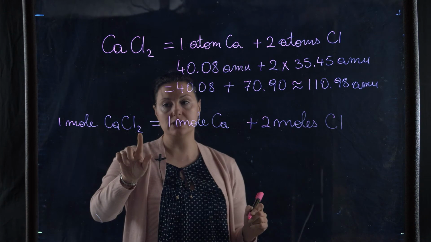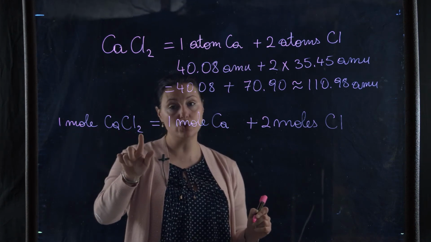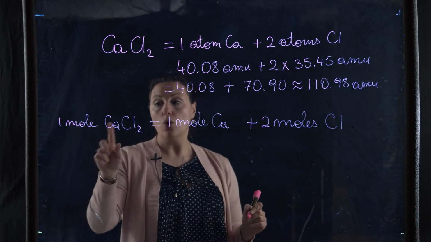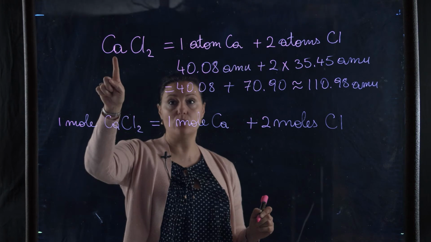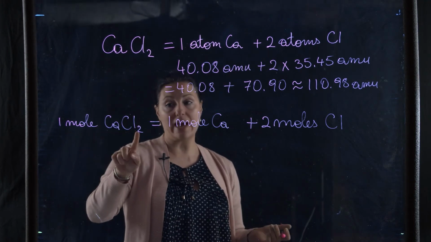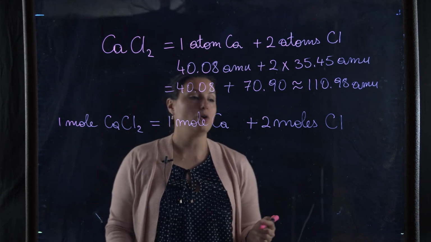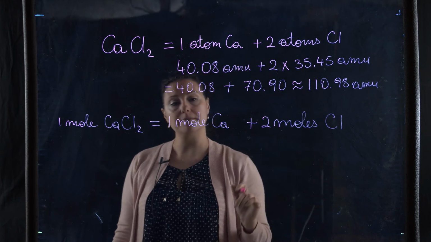This little 2 here tells me that for every 1 mole of this molecule, I'd have 2 chlorines, because one molecule of calcium chloride has 1 calcium and 2 chlorines. If I have 1 mole, I would have twice as many chlorine atoms. So I have 1 mole of calcium and 2 moles of chlorine.